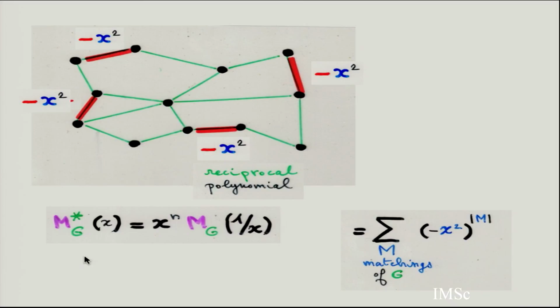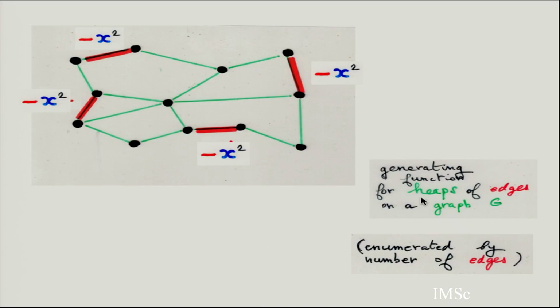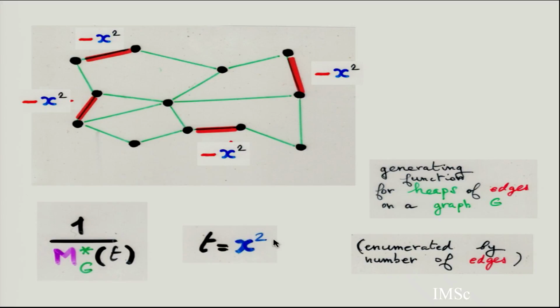And so I get the reciprocal polynomial as the sum over all matchings, where the weight is minus x squared for each edge, to the power of the number of edges. And so this is a generating function, you see. The generating function for heaps of edges is the inverse of this matching polynomial. If you replace t by x squared, you get the generating function for heaps of dimers over a graph.